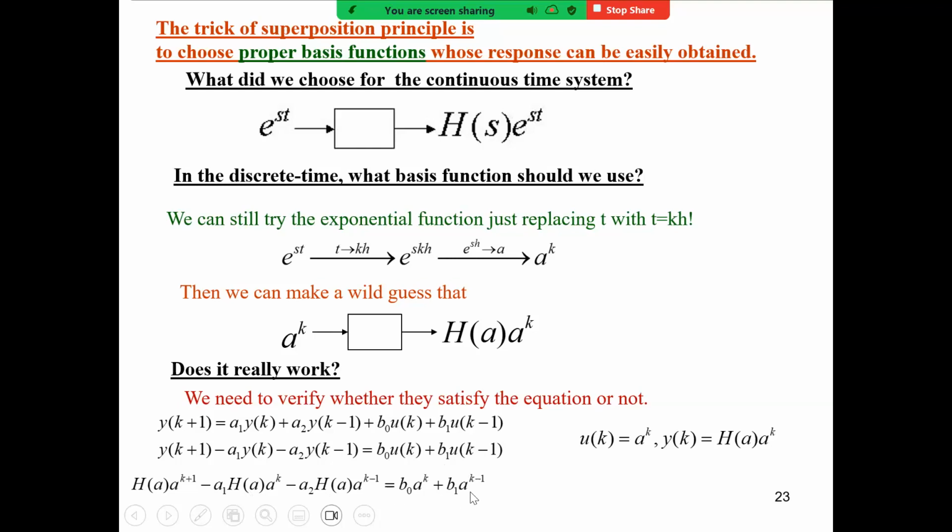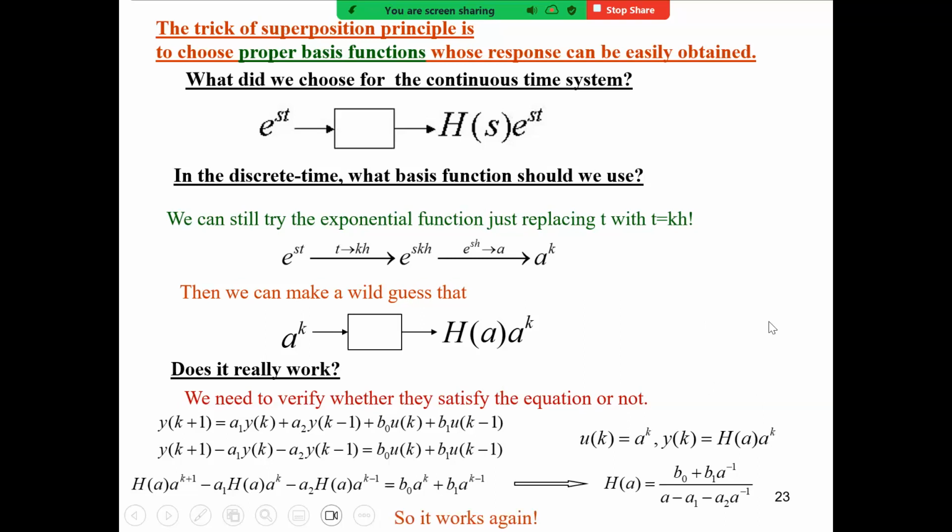The answer is very clear. Both sides have the same term a to the k, which will cancel out, and then we get h of a equals b0 plus b1 a inverse, over a minus a1 minus a2 a inverse. If we choose h in this way, indeed we verify this is the solution. So that will be a good candidate to compute the output.